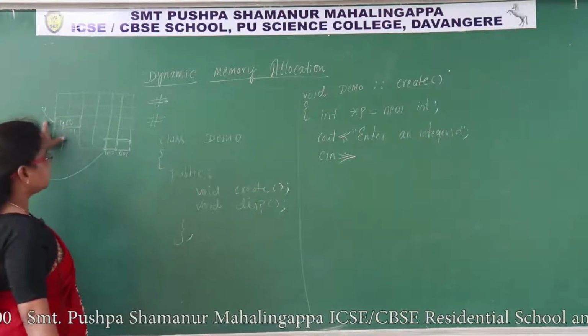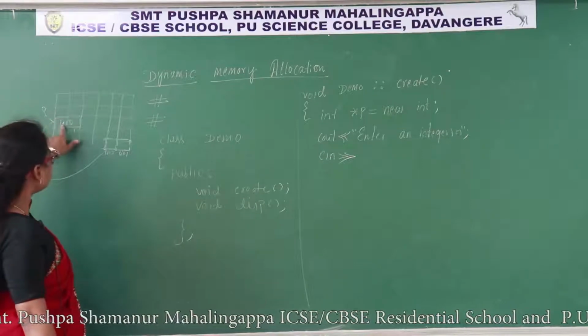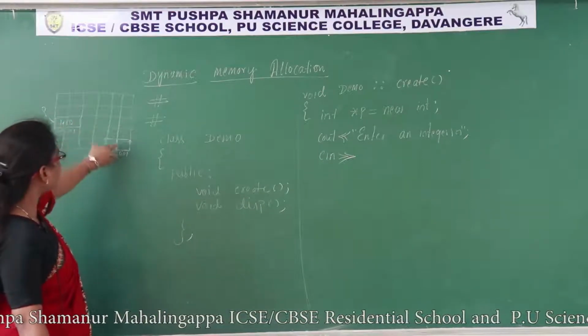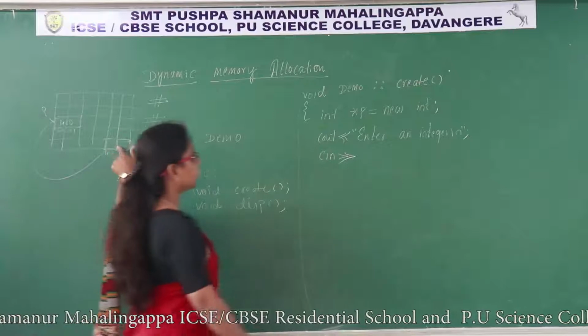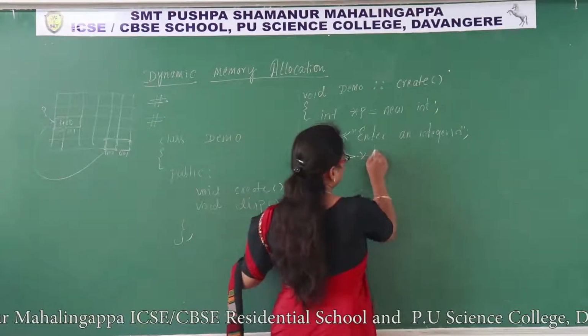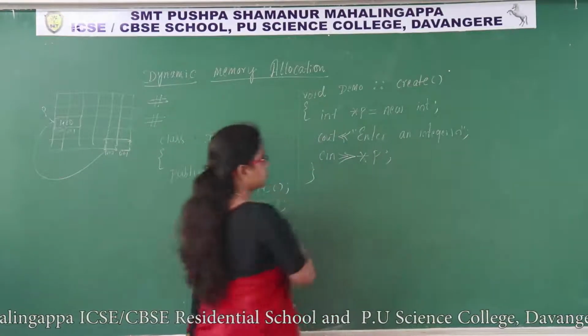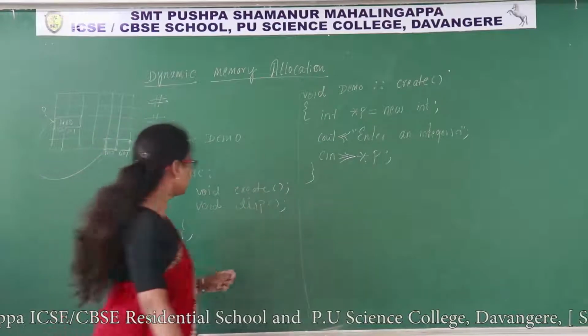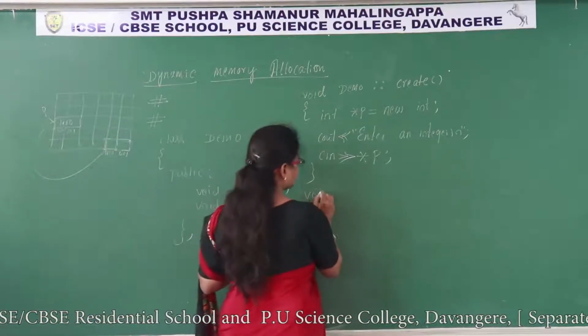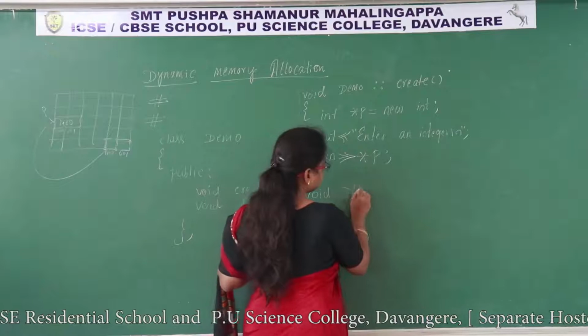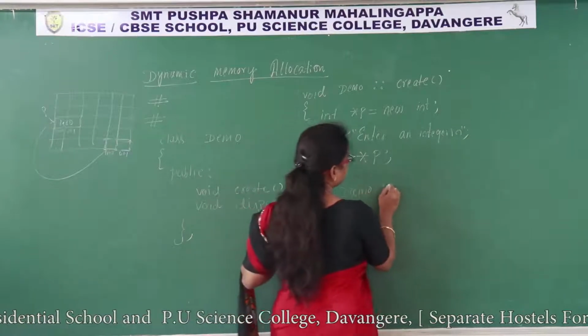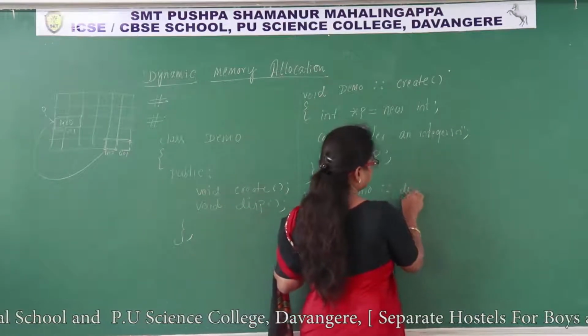See, if I write p, what is there in p? 400. I want to input a value to this memory location, so I must write star p here, semicolon. Function close.